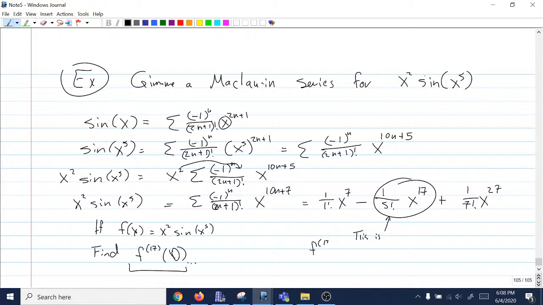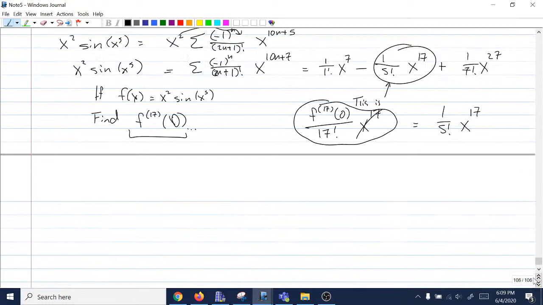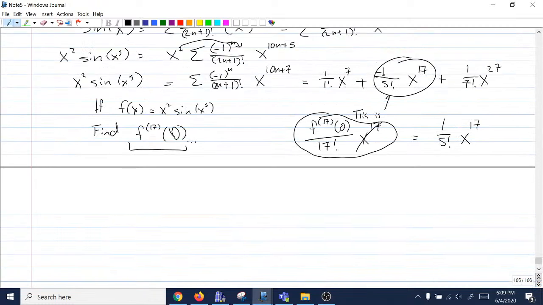That's going to be the 17th derivative of the function at 0 divided by 17 factorial, x to the 17. Knowing that this term must match the shape of the 17th term of the Taylor polynomial tells me that this thing equals 1 over 5 factorial x to the 17. That cancels. Multiply by 17 factorial. I learned that thus, oh, that should be a minus there.